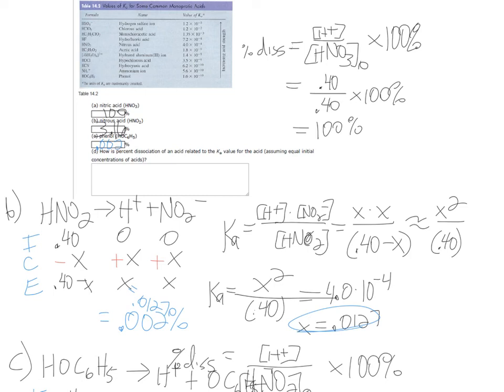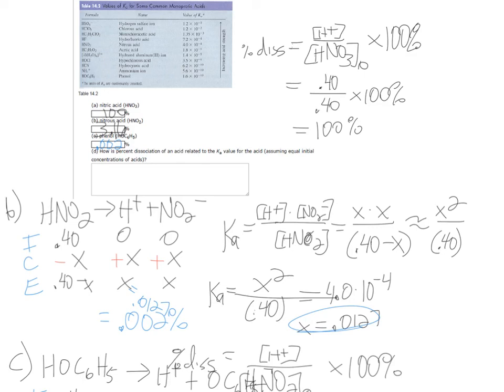In part D, they ask us, how is the percent dissociation of an acid related to the Ka value of that acid? And importantly, they say in that part, assuming equal initial concentrations of the acid. So we're not comparing scenarios where you have different initial concentrations.